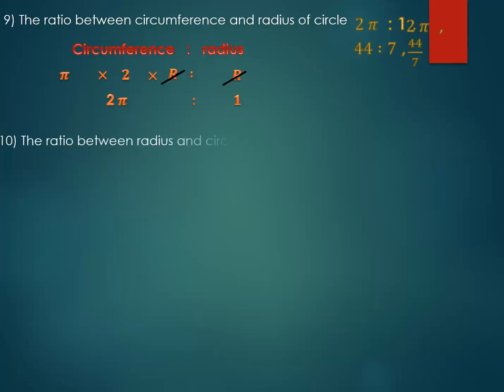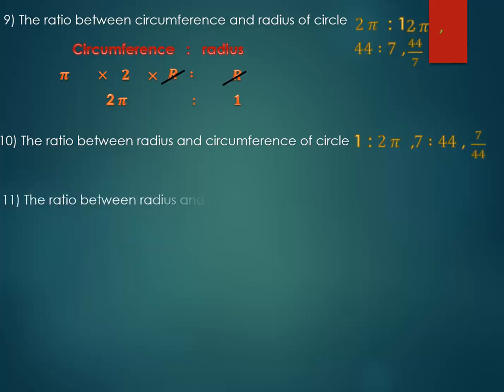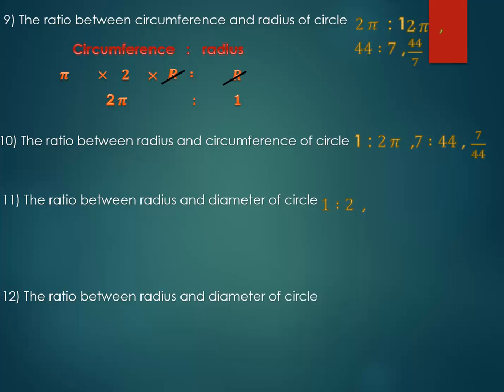The ratio between the radius and circumference will be 1 to 2 pi, or 7 to 44, or 7 over 44. The ratio between radius and diameter: we know that the radius equals half the diameter, so it will be 1 to 2. And the ratio between diameter and radius should be 2 to 1. Sorry for this mistake.